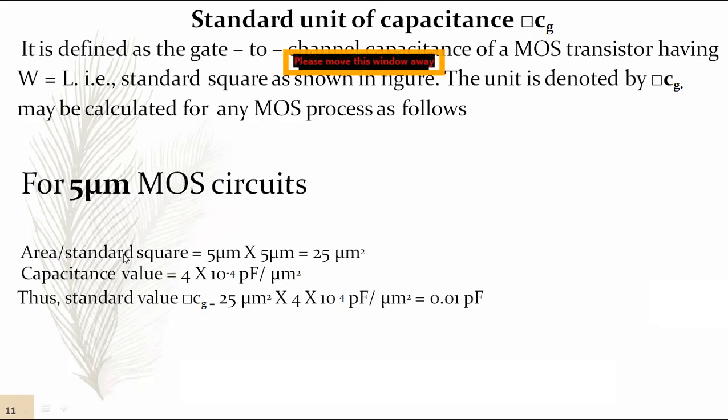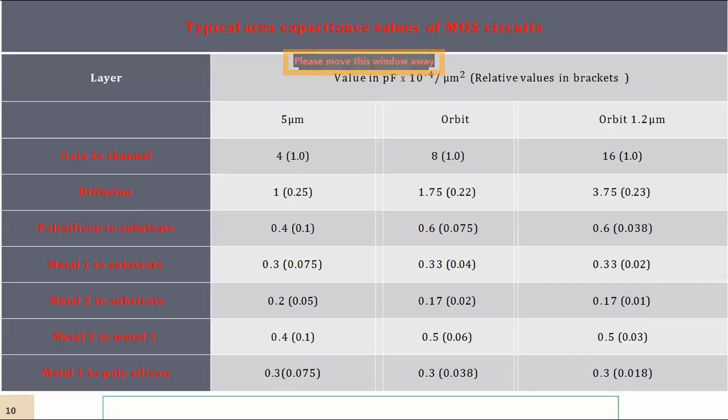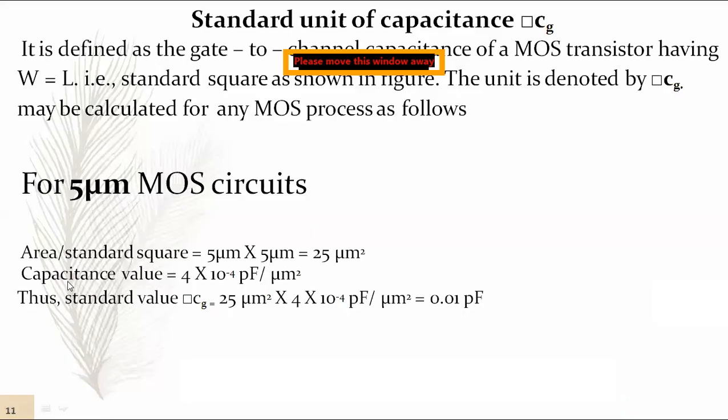The standard value from the gate capacitance in this diagram is 4 into 10 to the power of minus 4 picofarads per micrometer square for the 5 micrometer technology.